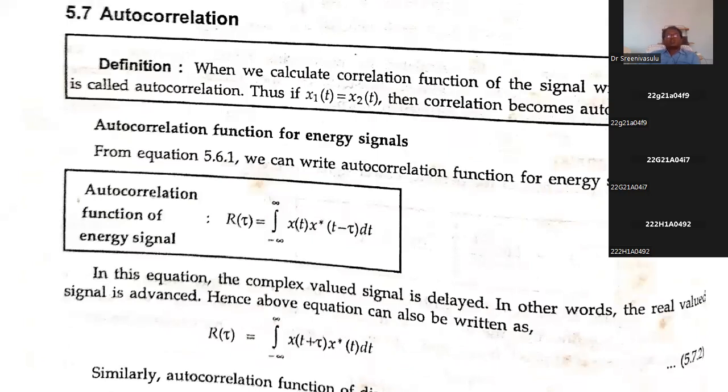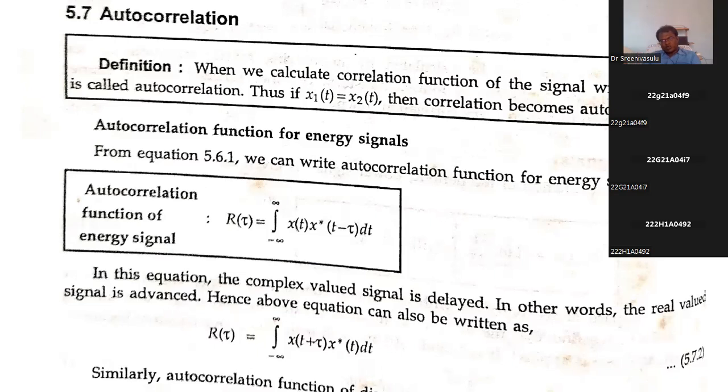In autocorrelation, the name itself, in the previous case we considered two signals. Here we are not going to consider two signals. We are considering the same signal, just the signal is going to be delayed, and then we see at what value of t. Suppose we are transmitting a signal, taking the radar concept. We transmit the signal from the radar, it identifies the object, and it is reflected back.